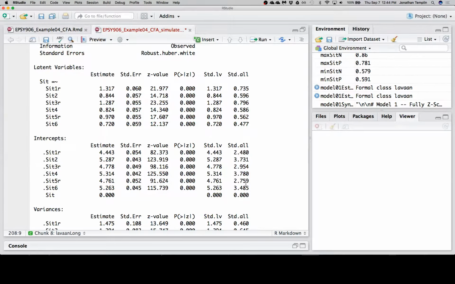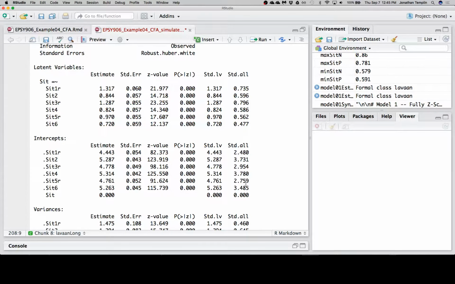These are the loadings, right? The other part I want to mention is, if you look at the loadings, which one do you think the factor has the biggest relationship with? 1.317, right? But that's not true, because this is in the units of y. It's relative to the scale.